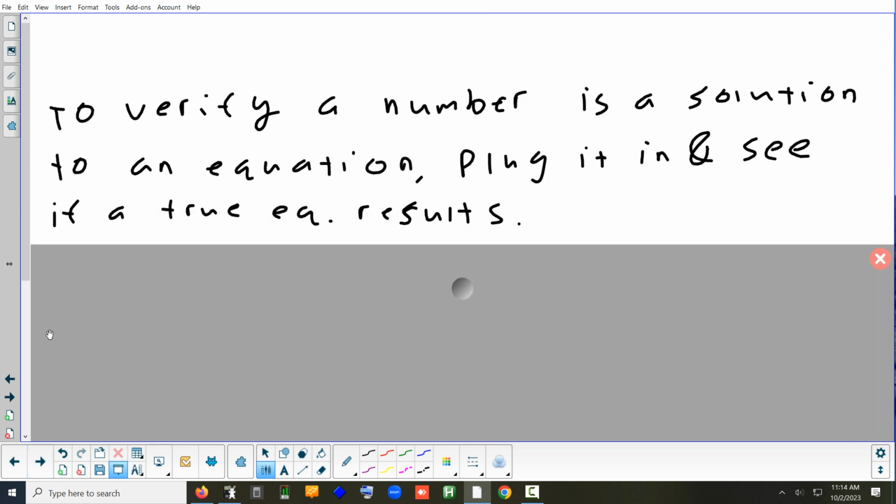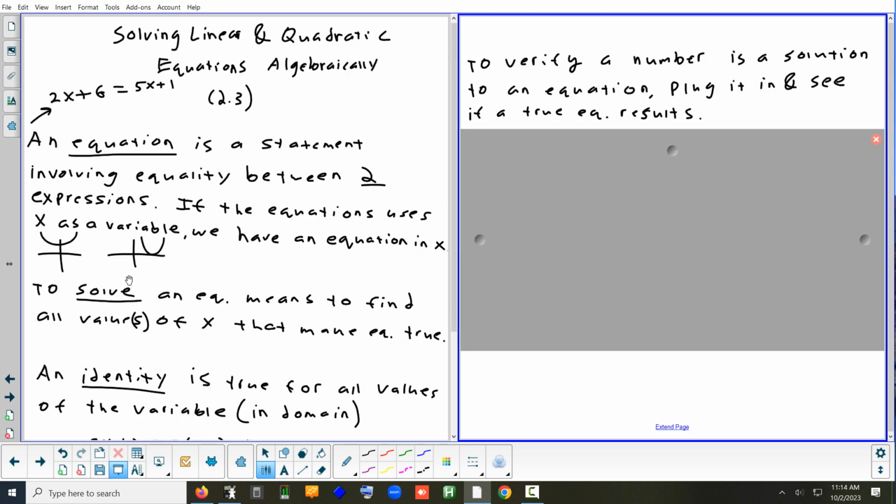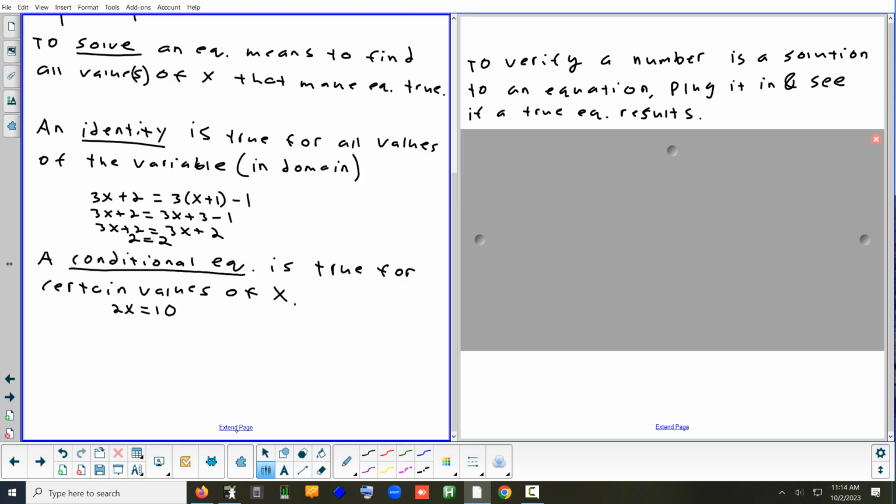So once you get an answer, how do we check and see if it works? Well, we can take that answer, plug it back in, and see if we get a true statement. So on this last one, I didn't solve it, but I asked somebody what the answer was. They said 5.